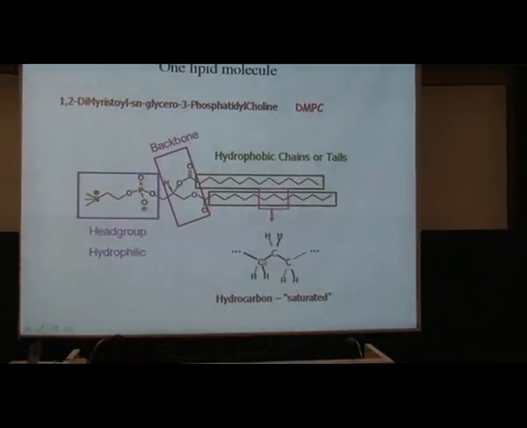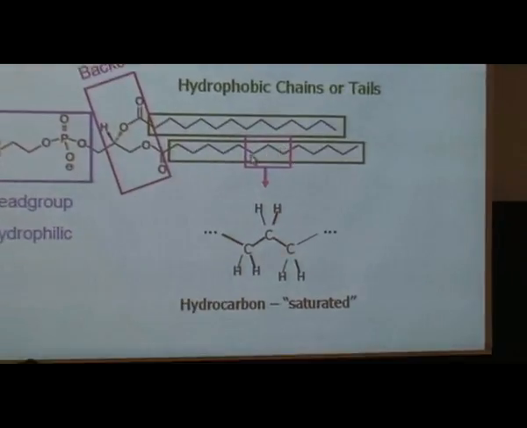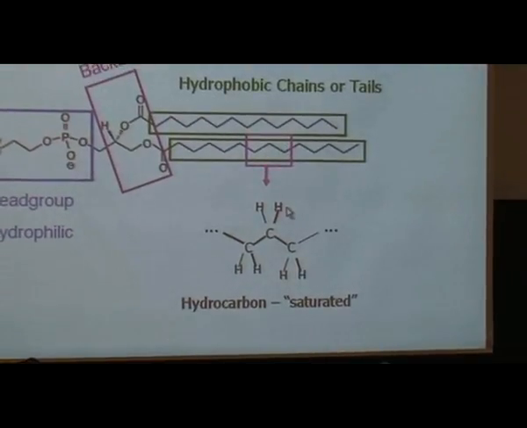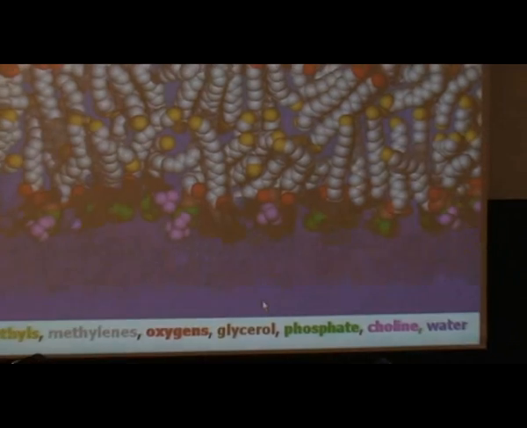They're hydrocarbons. CCC is these three bonds here. And they have hydrogen sticking off to the side. These are called saturated hydrocarbon chains because they have as much hydrogen as you can get on them. They're the things you're not supposed to eat, of course, but lots of lipids have saturated hydrocarbon chains, saturated fats.